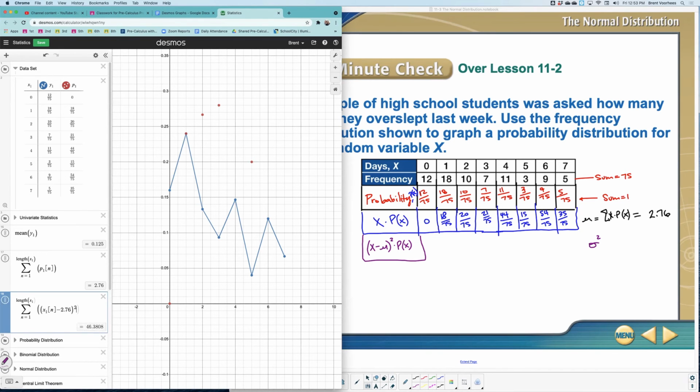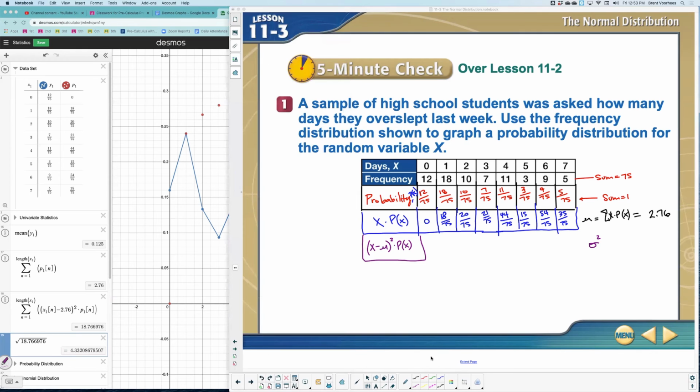And then we're going to times it with the probability, which is P1 of each value. And I get this as my variance. My variance is 18.76. So if you needed to know the standard deviation, you would take the square root of that, 18.766976. That's going to be our standard deviation.